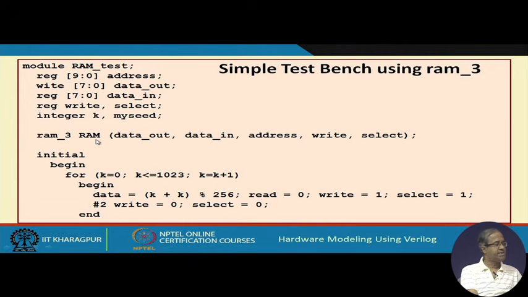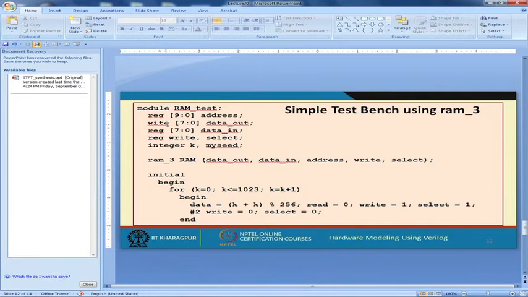Here we have instantiated the memory: data out, data in, address, write and select. This is wire, there is a typo, wire. Okay.